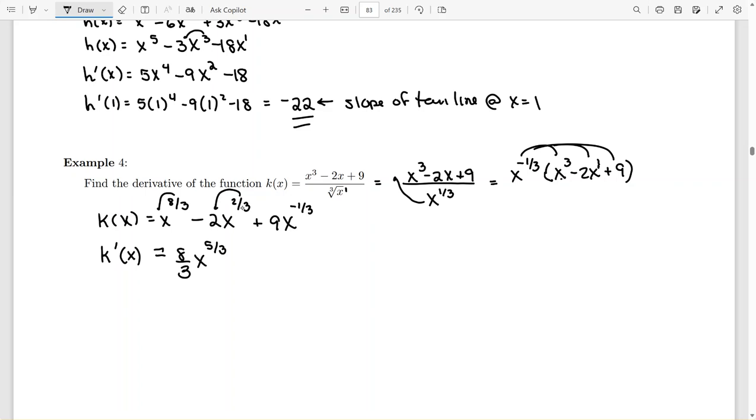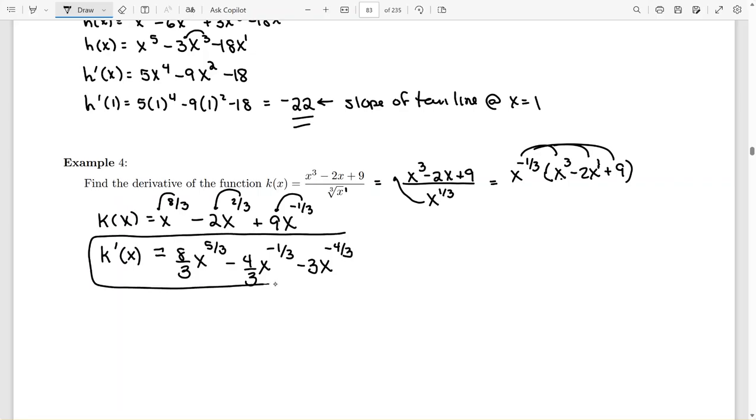Pull this down in front, multiply 2 times 2/3, and then decrease by 1. So take 2/3 minus 1, negative 1/3. Pull this guy down in front, multiply negative 1/3 times 9, and then again, decrease by 1. So negative 1/3 minus 1, and get negative 4/3.